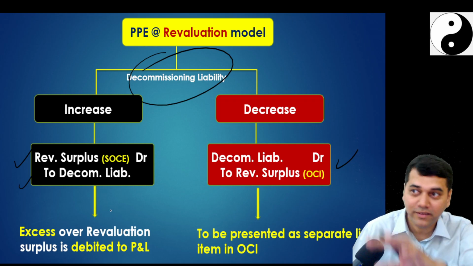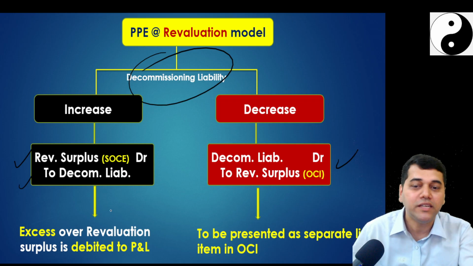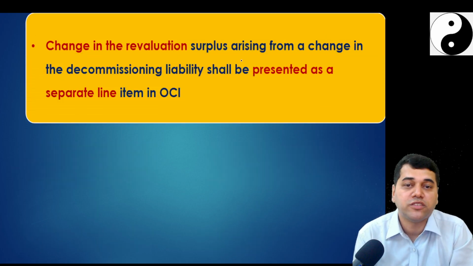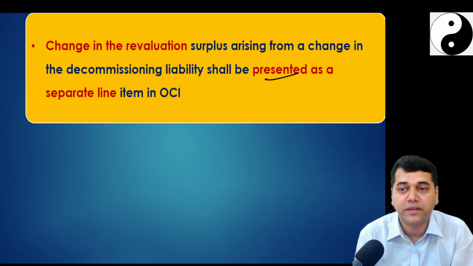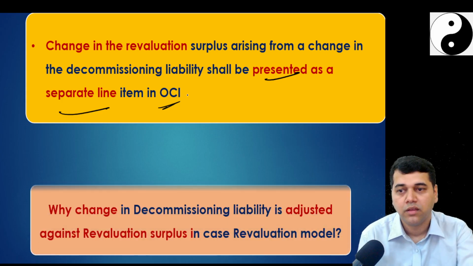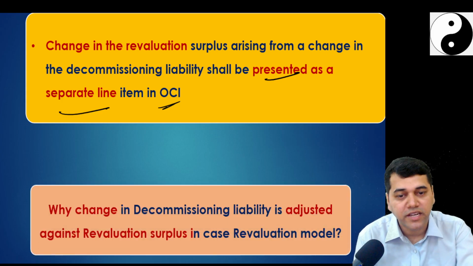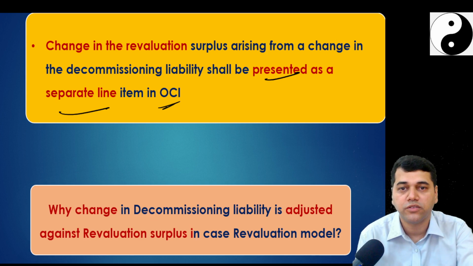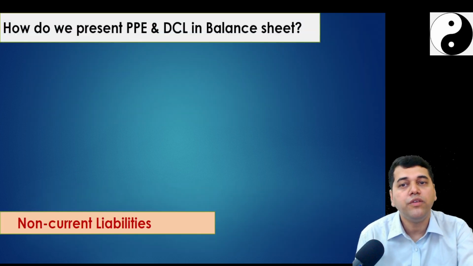Okay, there's an underlying logic there. I will tell you the logic. See this. First, the change in the revaluation surplus arising from it is presented as a separate line item in the balance sheet. Now, it is adjusted against the revaluation reserve. How do we present?